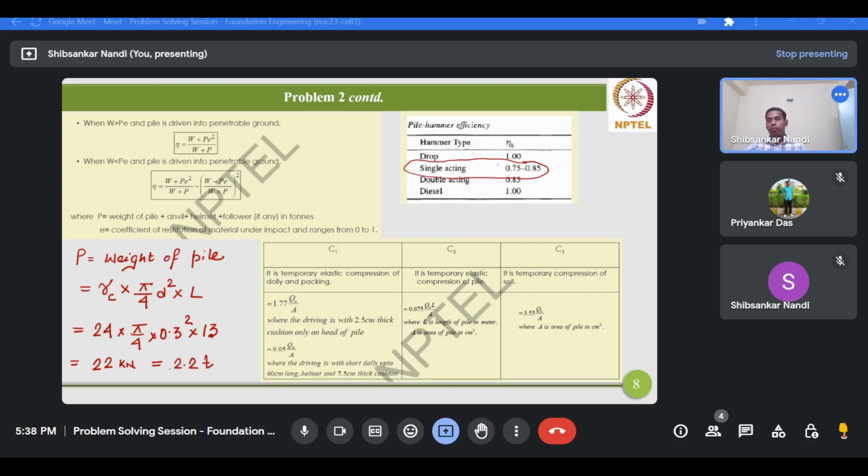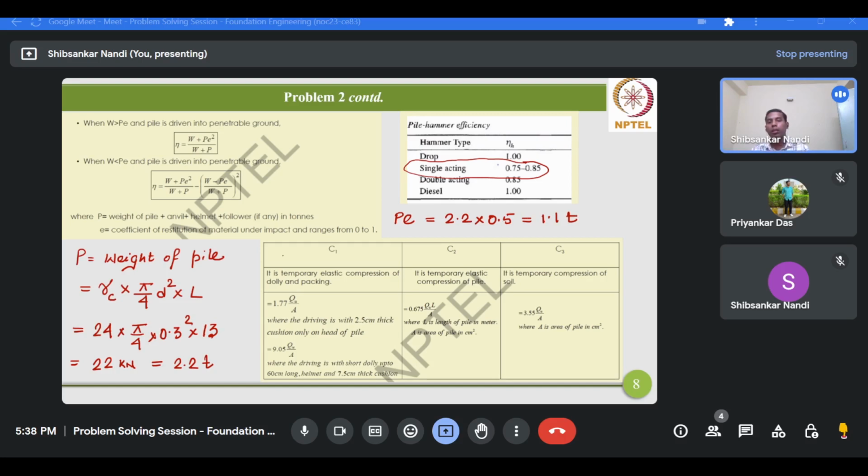Okay. Now we have to compare the weight of hammer and the product of weight of pile and the coefficient of restitution. So what is this P times E value? Here I am calculating the weight of pile multiplied by E. So this value would be 2.2 multiplied by 0.5, that means 1.1 ton.